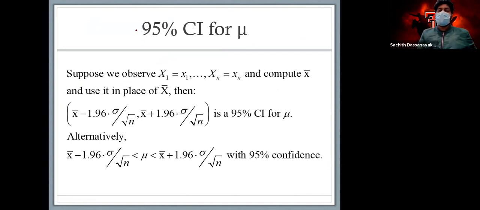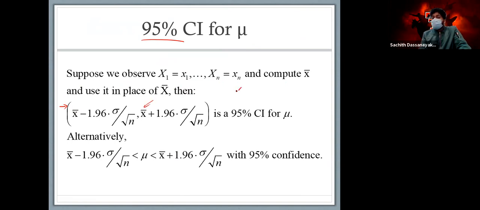We are still using a 95% confidence interval. If we have different observations, x1 to xn, and x bar, same as the last slide, we can use it like this. You know why we use x bar?